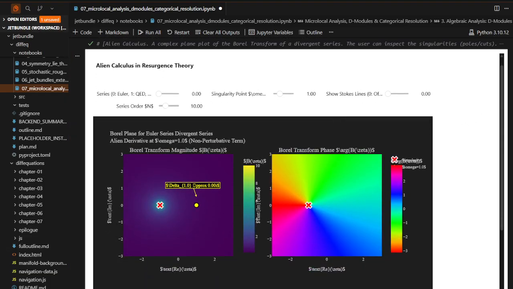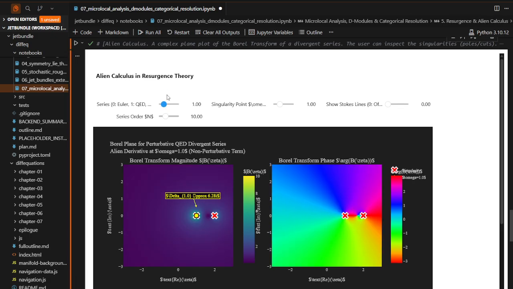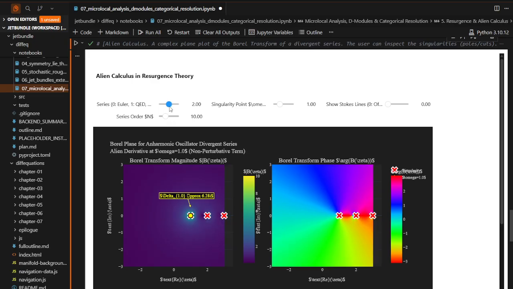So what we can do is choose a series. Here's an Euler series that we talked about earlier in the very first episode of the series. We also have a quantum electrodynamics series as well. Here's a Borel plane for perturbative quantum electrodynamics with a divergent series. And then we can also look at an anharmonic oscillator with a divergent series.